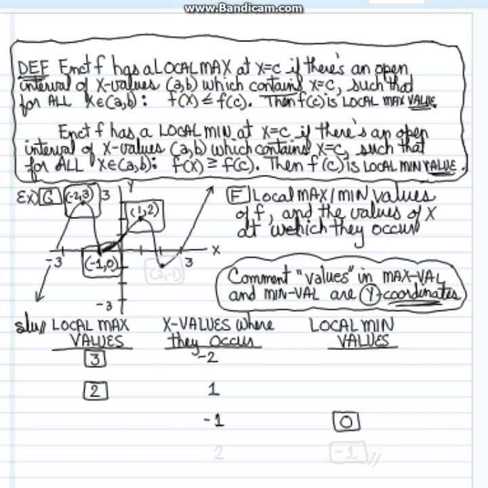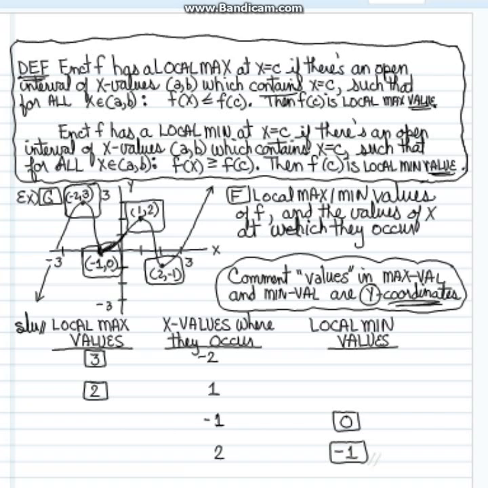In that neighborhood, the lowest y value is 0. So on the right side, I put a box around 0 because it's in the column for local min values. And there's one more local min value at x equals 2. Look at the graph, x equals 2. It has a y partner of -1. And if you draw a neighborhood around that ordered pair 2, -1, you see that -1 is the lowest y value in that neighborhood.